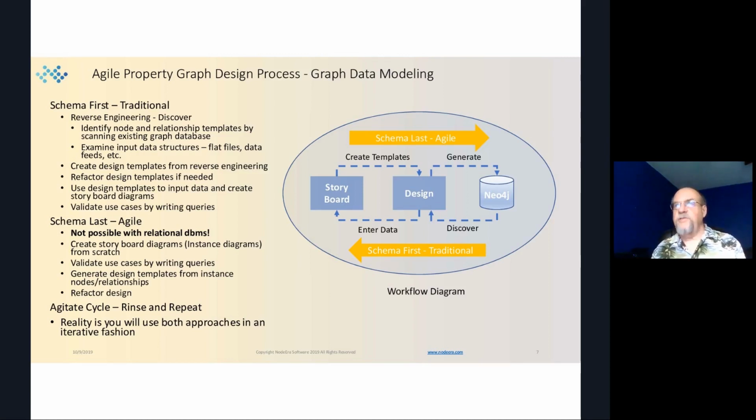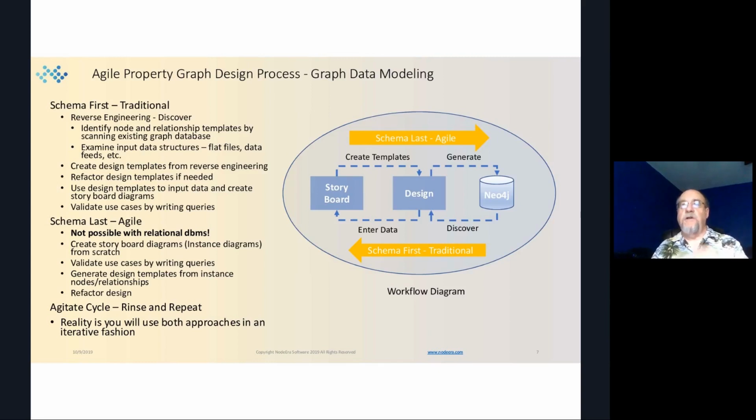But you're going to do some reverse engineering, some data discovery. Maybe you've got a relational database, or you've got some flat file feeds, but you have to do some kind of reverse engineering and data analysis to get what data you've got coming into the system. And from that, you can lay out design templates.